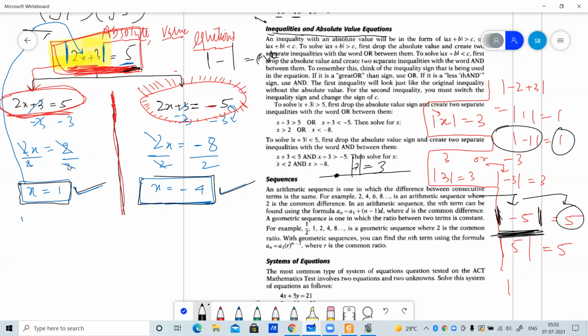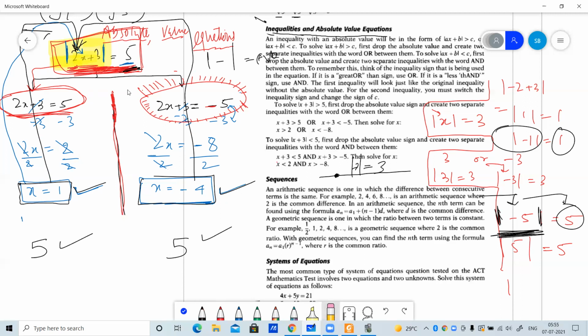I was just checking whether 1 is working in this equation or not, and whether negative 4 is working in this equation or not. I plugged in 1, I got 5, so it's working. I plugged in negative 4, I again got 5, so it's working. Because I should get 5 in this equation, as 5 is on the right side.